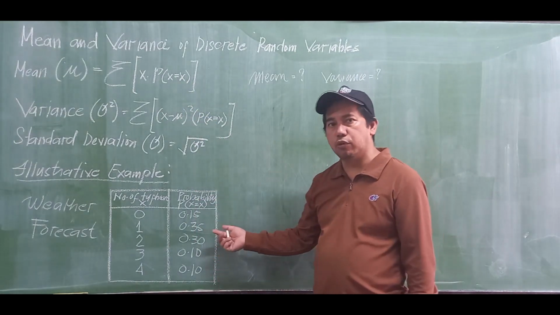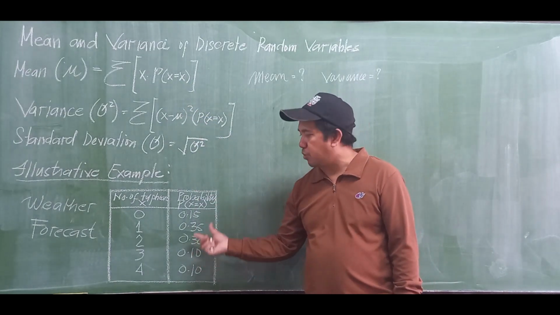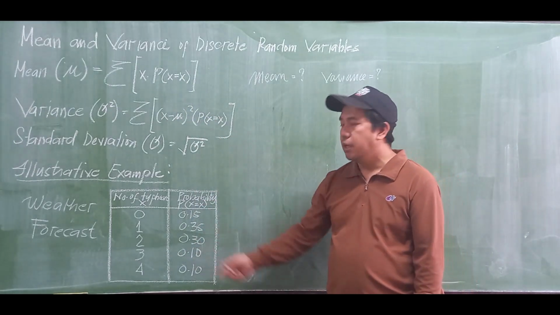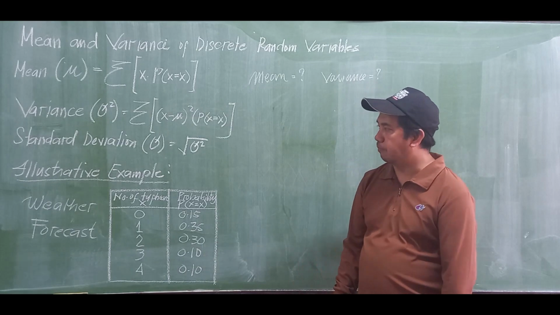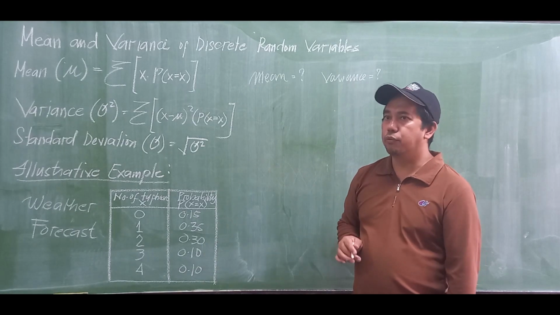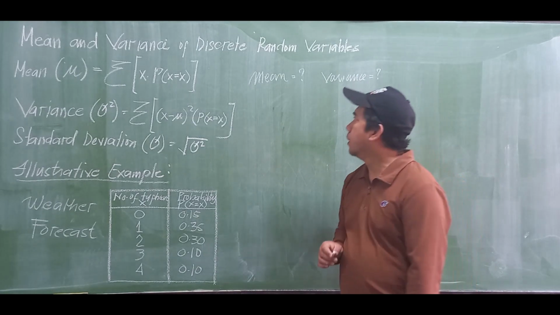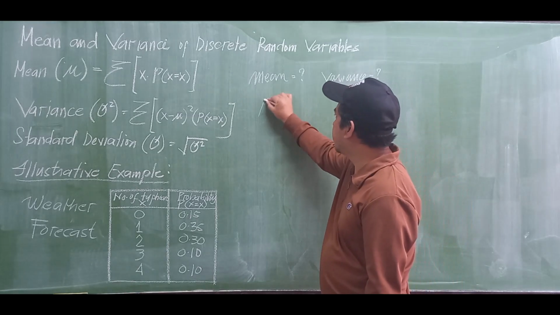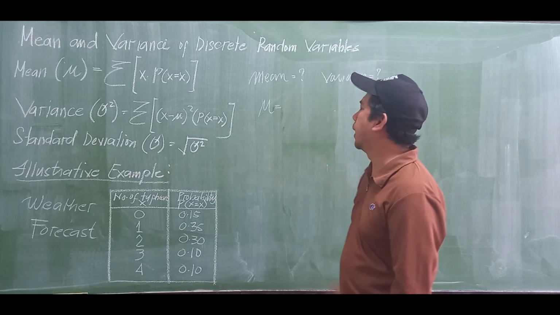Remember that when we are talking of probability, it is presented in decimal, percent, or fraction. Now, in here, it is presented in decimal. Now, how do we compute the mean? When we are going to get the mean, we represent that by using the mu symbol. Okay?